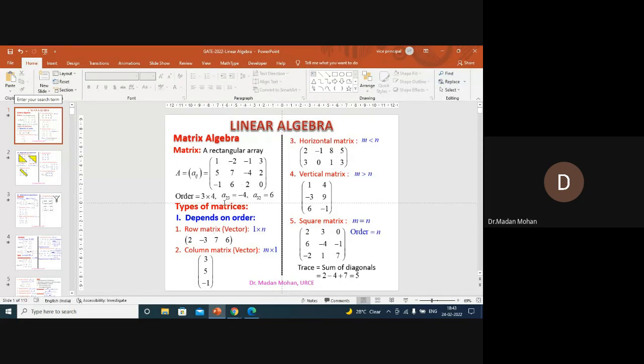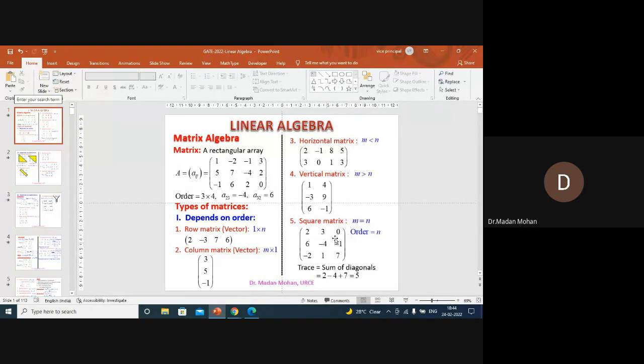Next, types of matrices. Row matrix, or we call row vector, means it contains only one row. Column matrix means it contains only one column. Horizontal matrix means you have fewer rows compared to columns. Vertical matrix means you have more rows compared to columns. Square matrix means the number of rows and columns are equal.